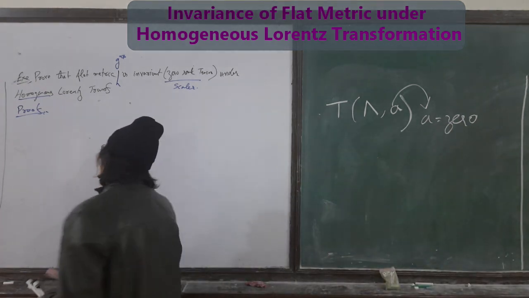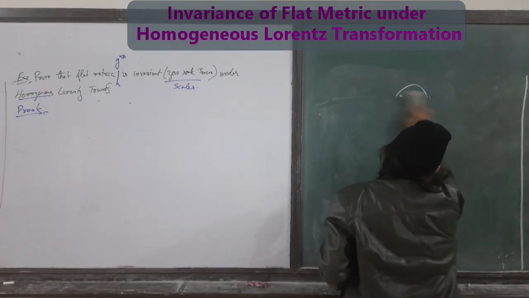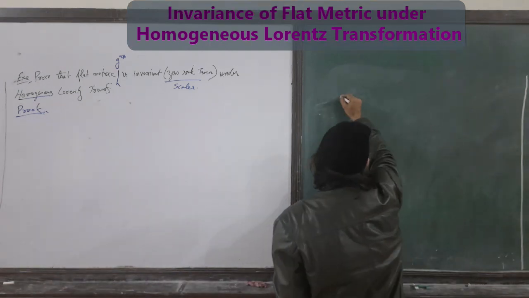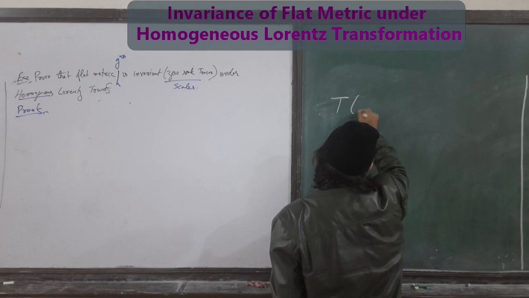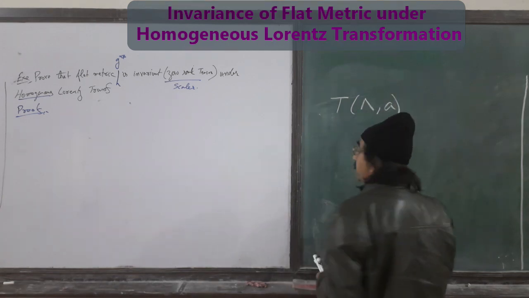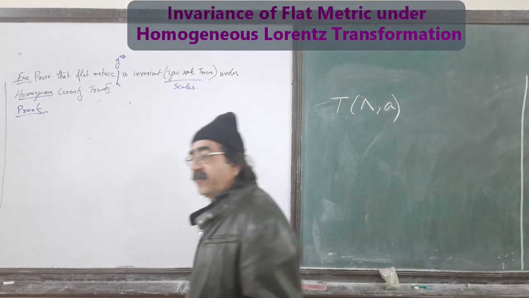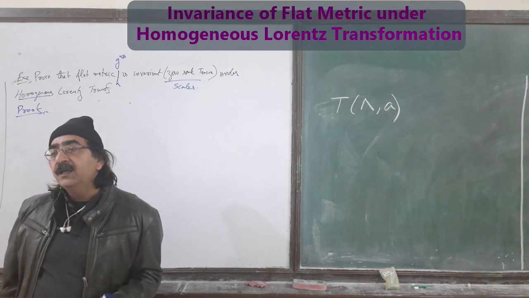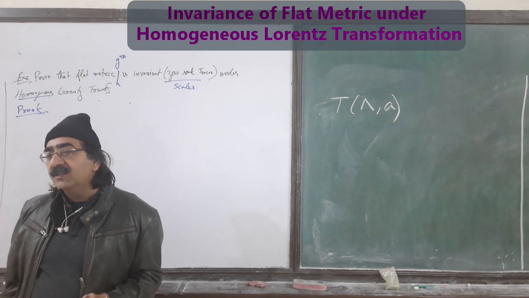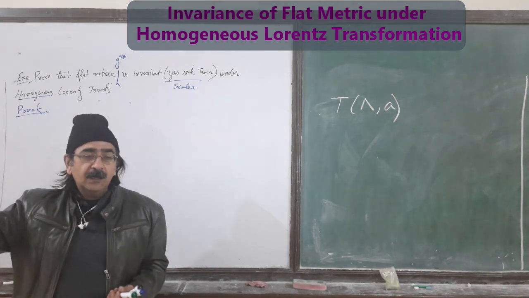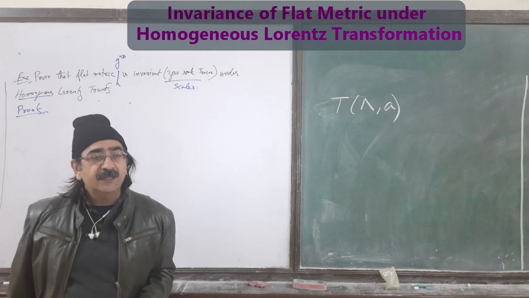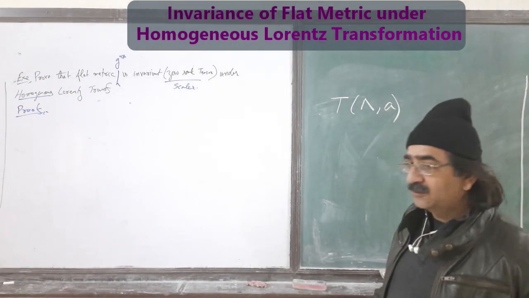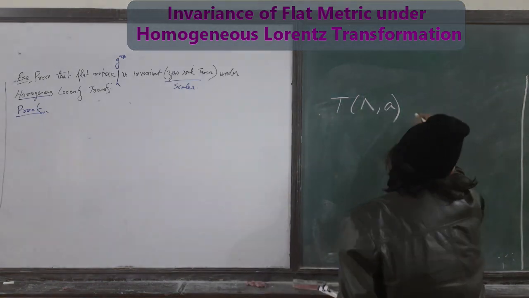One is rotation, and the other is translation. If we ignore translation, and consider only the rotation, that transformation is defined as a homogeneous transformation. And if it is a Lorentz transformation, then it is a homogeneous Lorentz transformation.